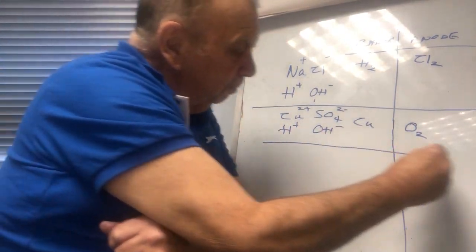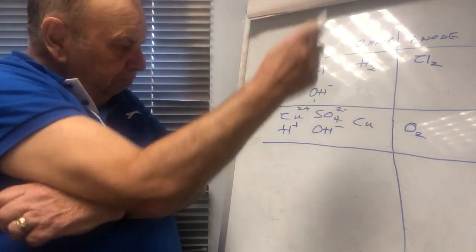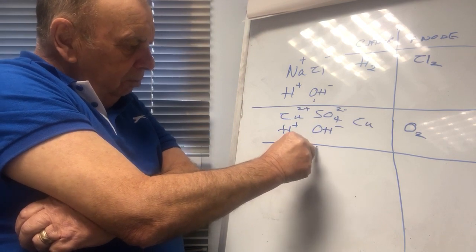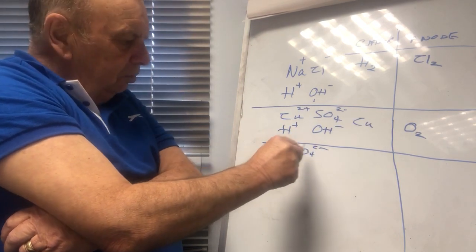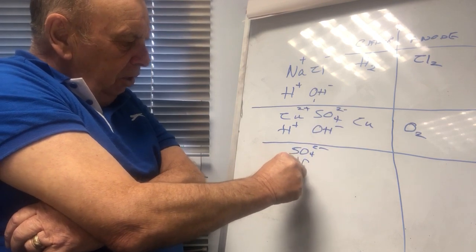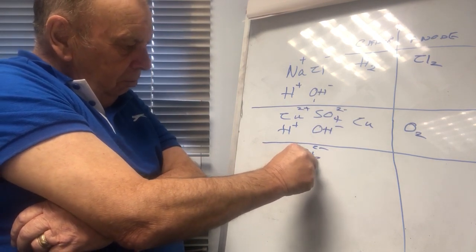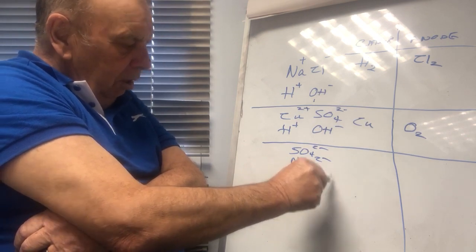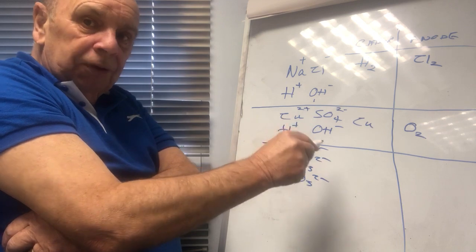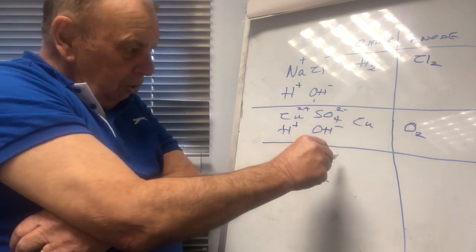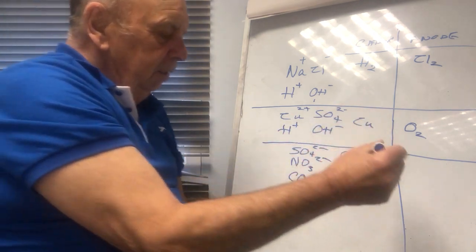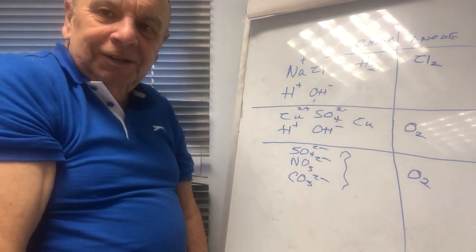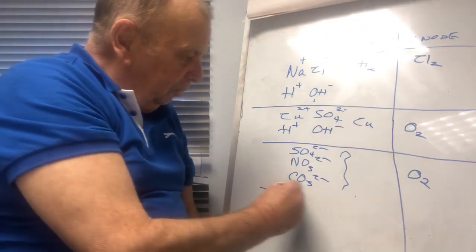In general, if I've got sulfate ions, SO4 2-, and if I had nitrate ions, and if I had carbonate ions, generally, notice that word, I've said it a couple of times, generally I get oxygen gas liberated. However, life's not straightforward.